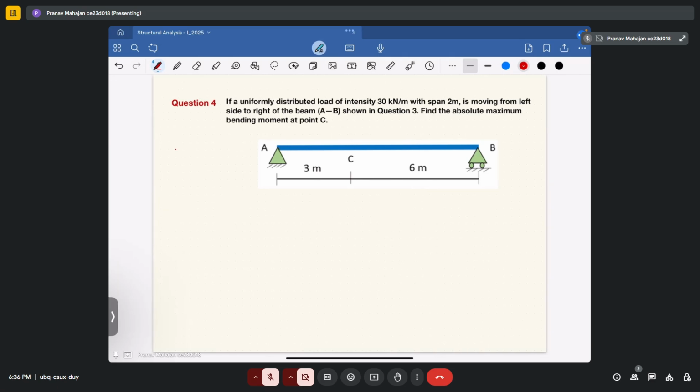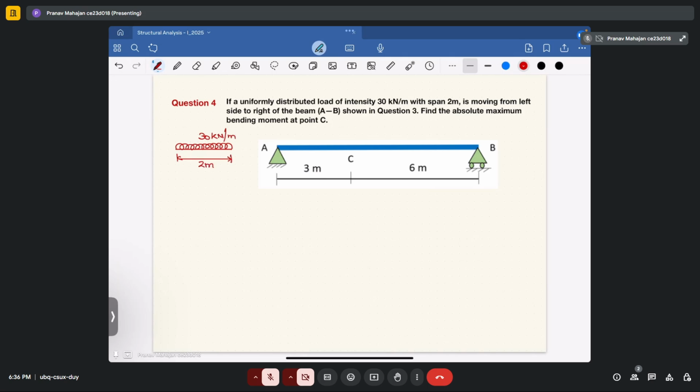That means a moving load of intensity 30 kilonewton per meter having length of 2 meters.